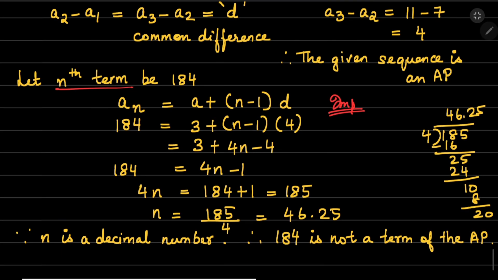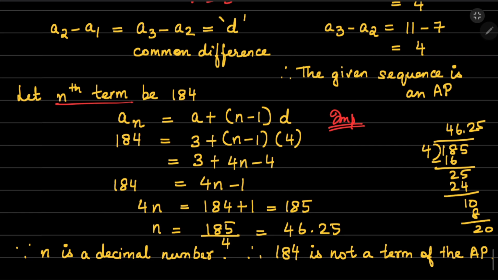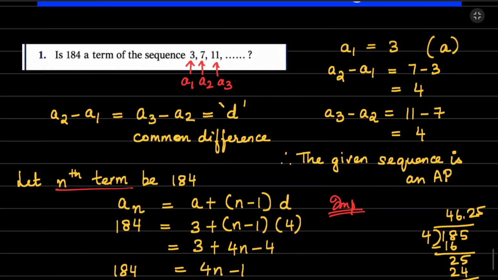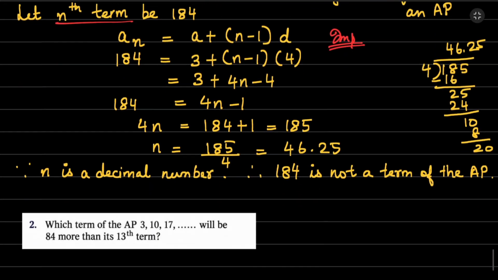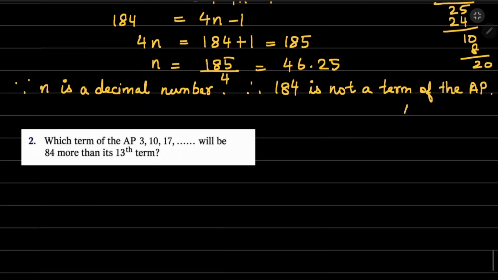Okay, that's your answer. If you had got n as a whole number, that means 184 would have been a term in the AP, whatever the value of n you would have got. But since n is a decimal number, that means 184 is not a term of the given AP. So this is one kind of question that you'll be given. Let's do one more question.